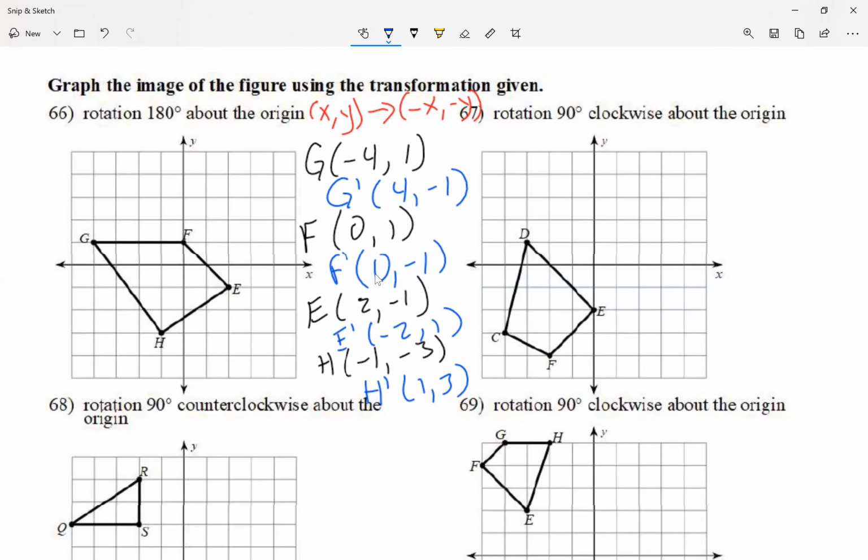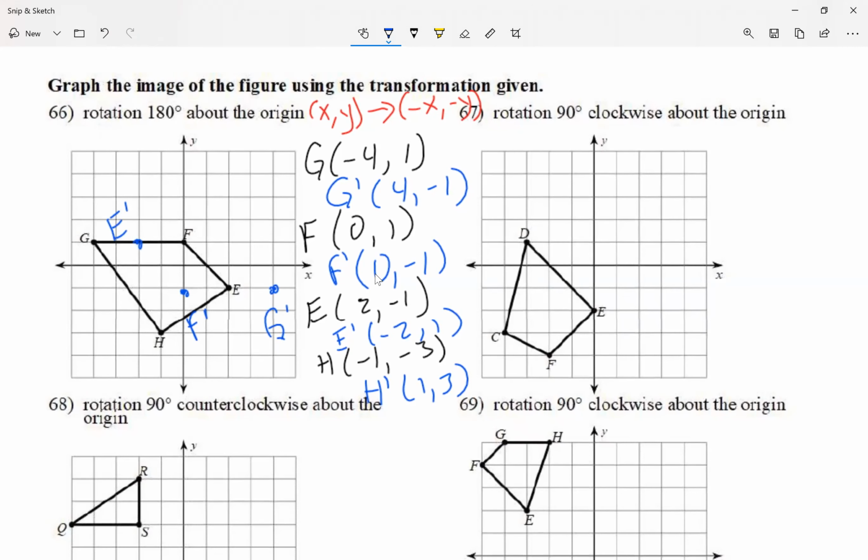Point 4, -1, it's right here. That's G prime. 0, -1 is right there. That's F prime. -2, 1, that's my point E prime.